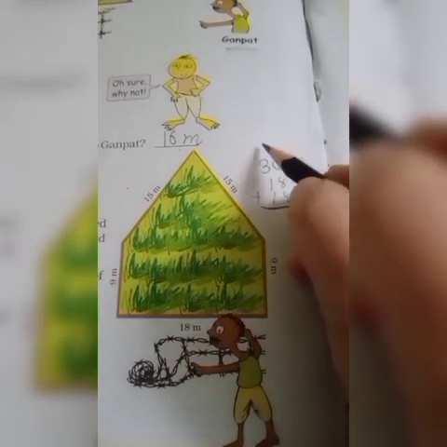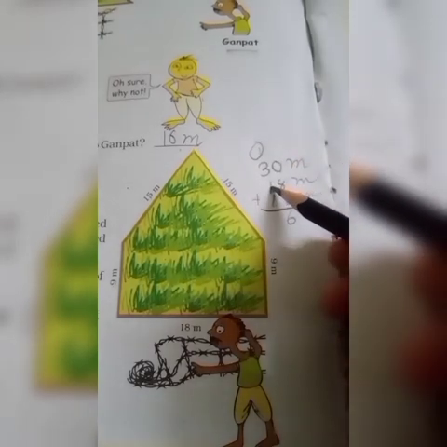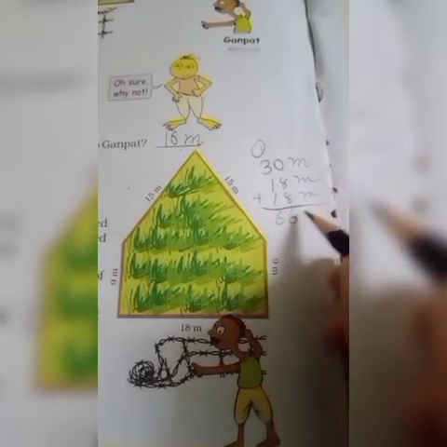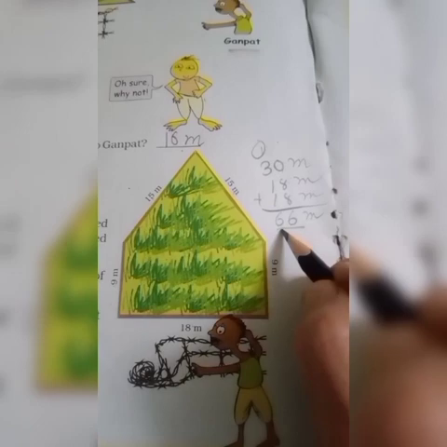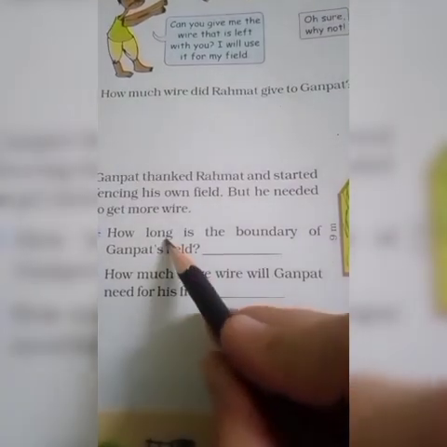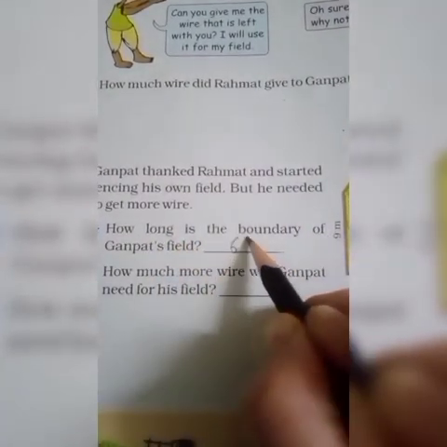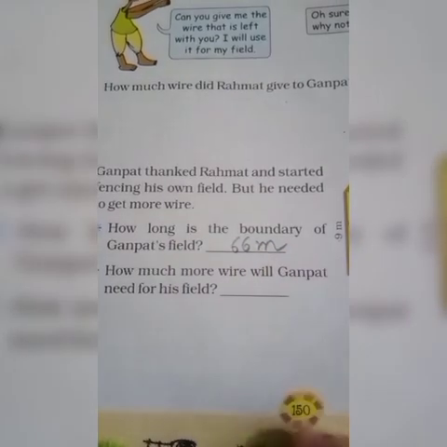So here 6, 1 carry over, 3 plus 1, 4, plus 1, 5, plus 1, 6. So what is the boundary or perimeter of Ganpat's field? Which is 66 meter. So here the question is, how long is the boundary of Ganpat's field? तो आप यहाँ पे लिख सकते हो 66 meter as we found.